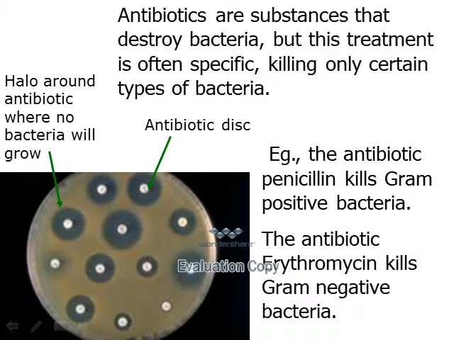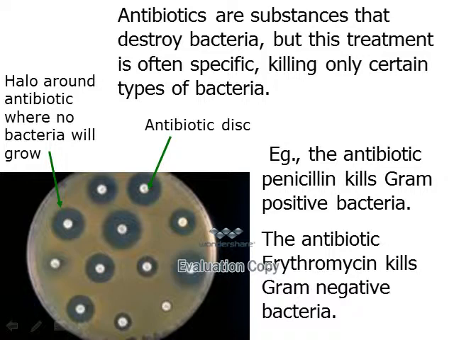For example, if we're going to use an antibiotic to treat a patient, these are substances that kill bacteria. But we have to try to focus on the right drug for the right bacteria. We'll do a plate like you see here. We've streaked it with staphylococcus, and then we put antibiotic discs down there, and the one with the biggest halo is going to be our best drug, as long as there's no allergic reaction.